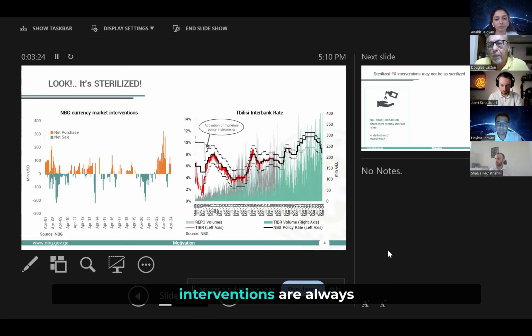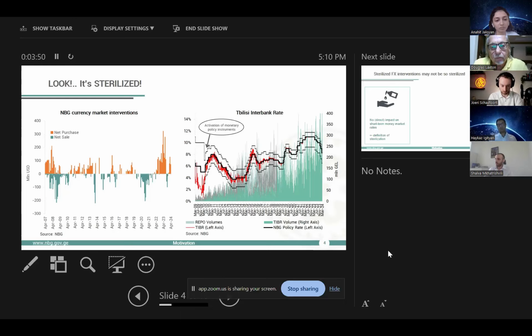FX interventions are always sterilized, so that whatever we do, as you see on the left-hand side, whenever we buy or sell, and as you see, we relatively frequently do that, they don't have any impact on short-term interbank or short-term money market interest rates, exactly because we are sterilizing these FX interventions as is standard.